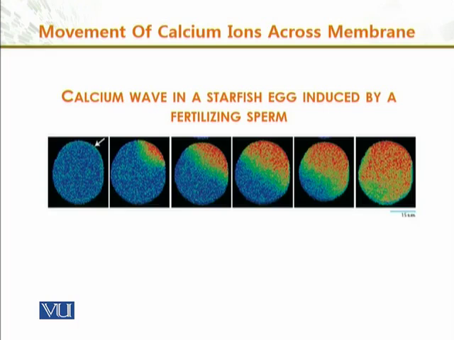As we move from one side to another, we can see the excess of calcium, how the egg lights up and emits light, and that can be an indicator of how much calcium is there.